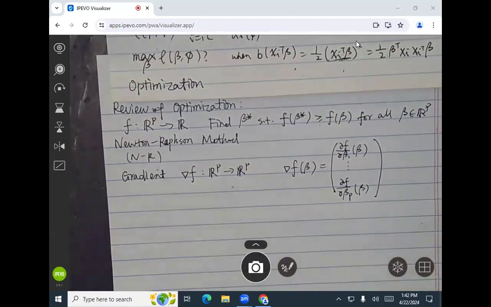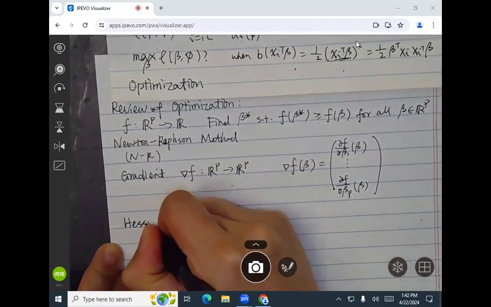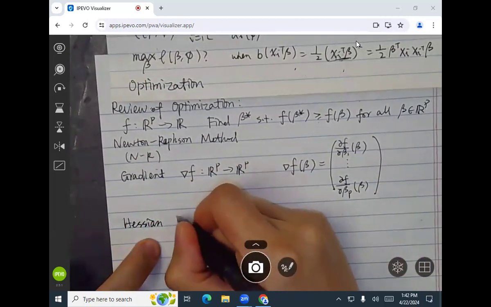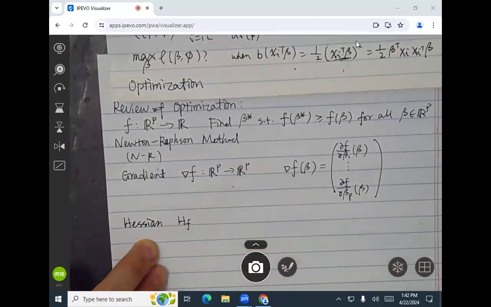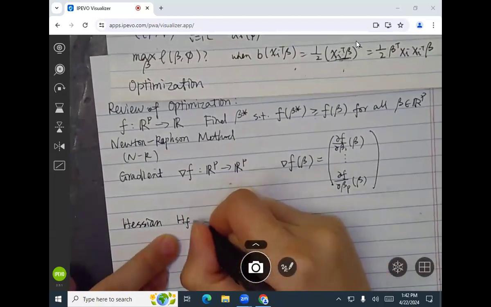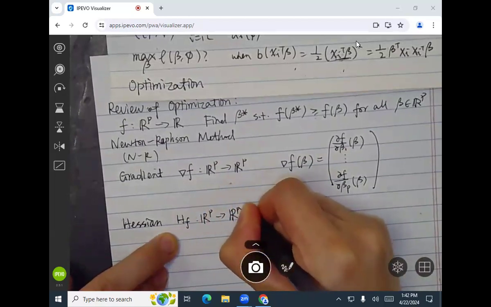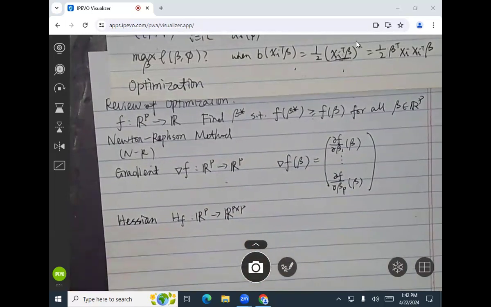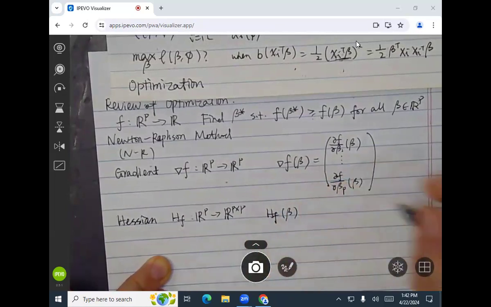For the second derivative, it's called a Hessian. It's a p by p matrix. Here we just call it H sub f. It's a matrix from R^p to R^(p by p), and its definition is based on second order partial derivatives.